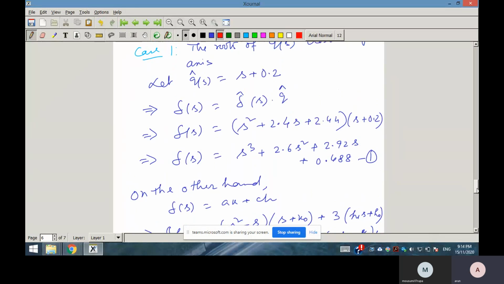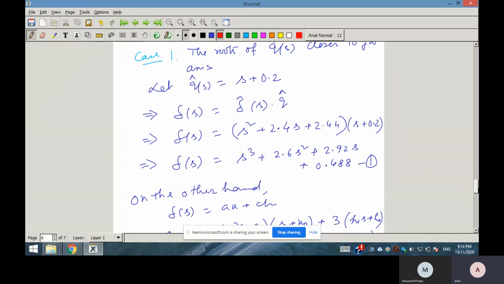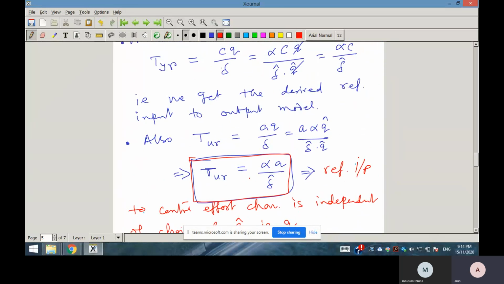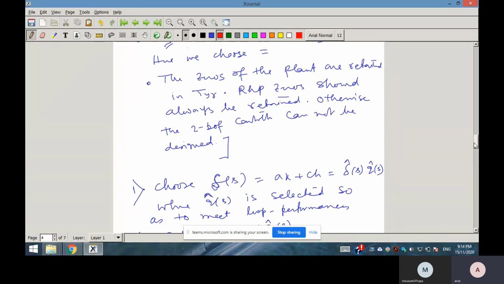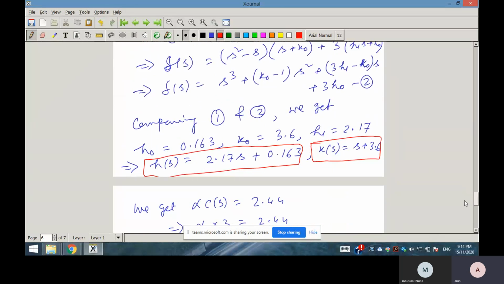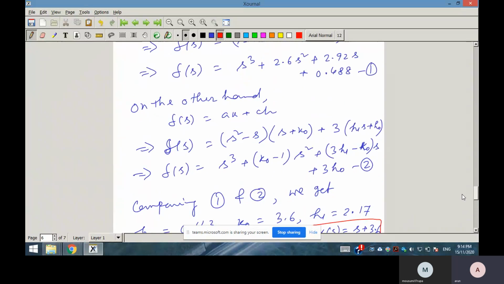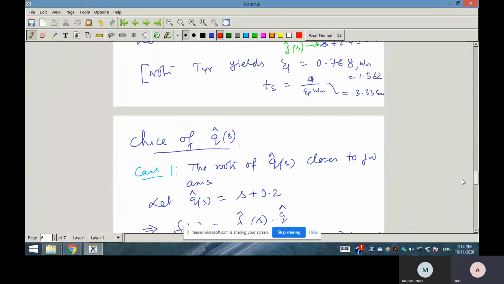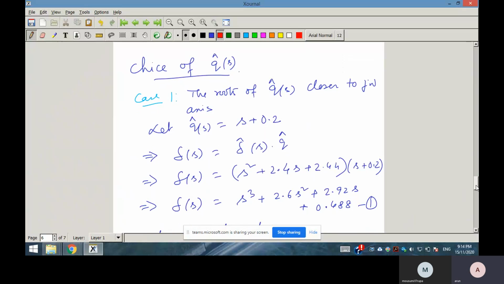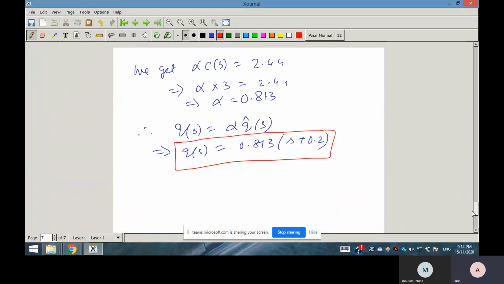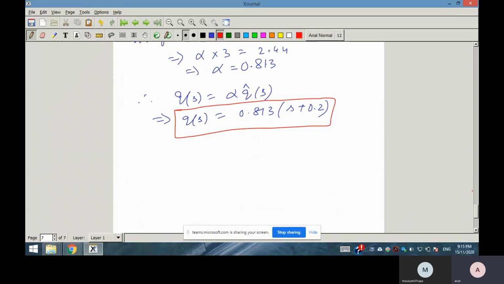Desired pole location will change means H and K will change. H and K will change means your loop transfer function will change. So loop behavior will change, although these two things, TU to R and TY to R characteristics, will remain the same. So now we have to choose a suitable Q hat so as to have desired loop behavior as well. So for case 1, I have chosen roots closer to j omega axis, that means low Q hat I have chosen. Now mid, some medium value I will choose.